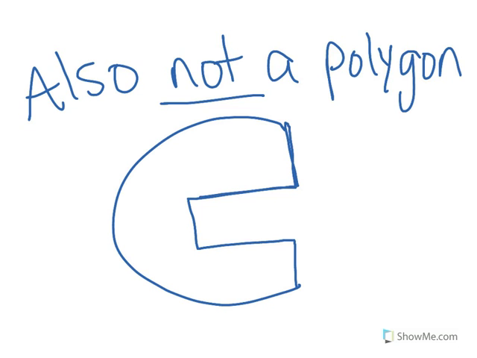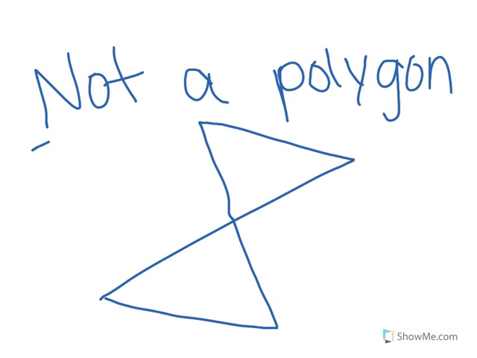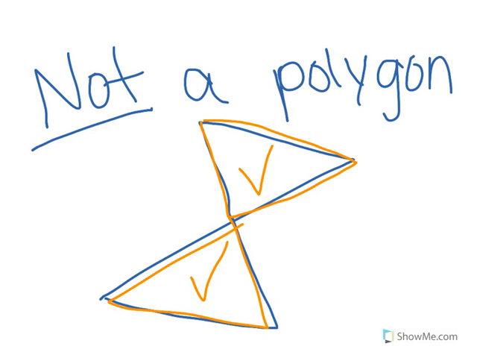I see 1, 2, 3, 4, 5 line segments, but it also has this curve right here, so this would not be a polygon. The shape below would not be a polygon. Why? It would actually be 2 polygons. We have a triangle here, which would be a polygon, and a triangle here, which would be a polygon if they are by themselves. But this put together would not be a polygon on its own.